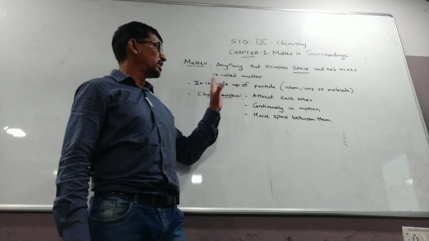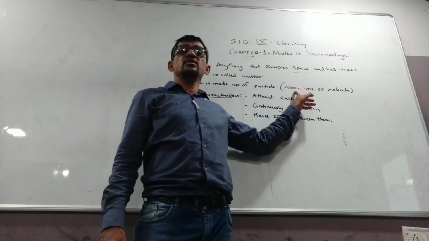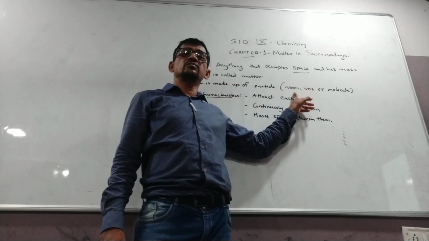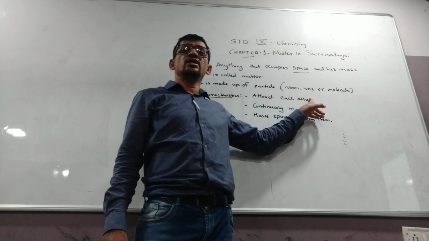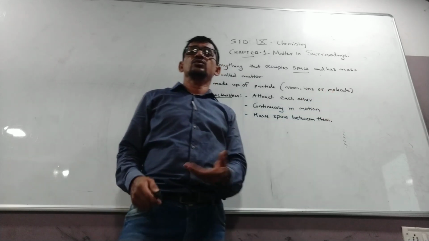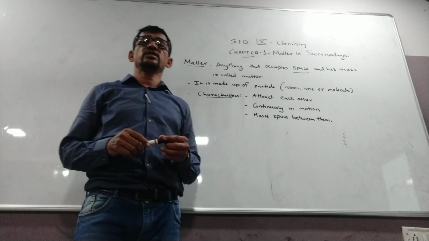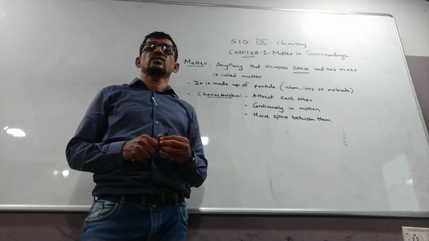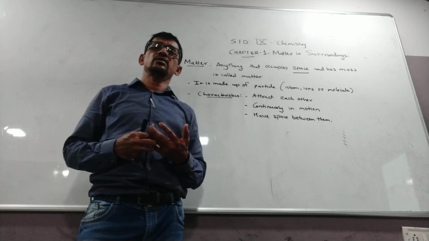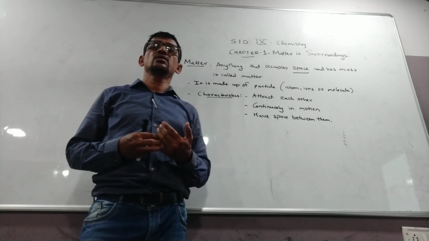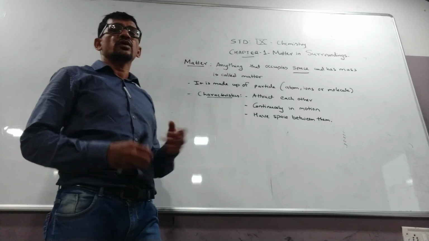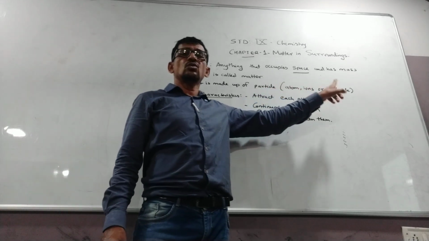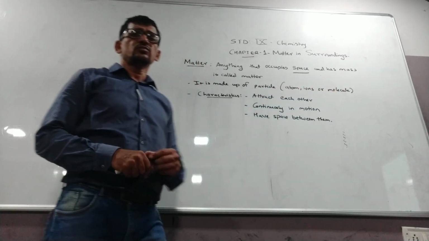So matter may be comprised of atoms, positive or negative ions, or molecules. An example of a molecule is H2O. H2O means water. NaOH, sodium chloride. So a substance may be made up of atoms, ions or molecules.